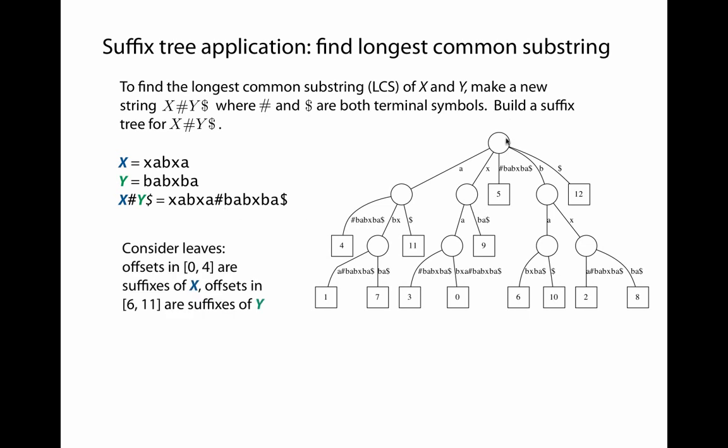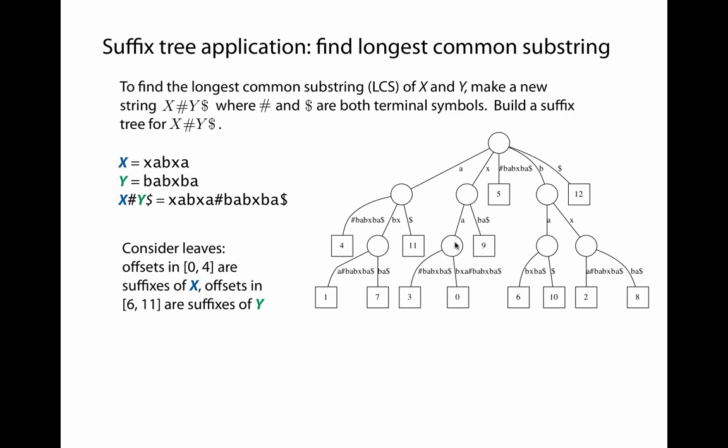So that means if we look along a path, let's look along this path xa, for example, we can eyeball the two strings and see that xa only occurs in the string x. So let's go along this path xa. We're in this node. All of the suffixes under this node are non-empty suffixes of x, right? 0, 3, 0, 3.